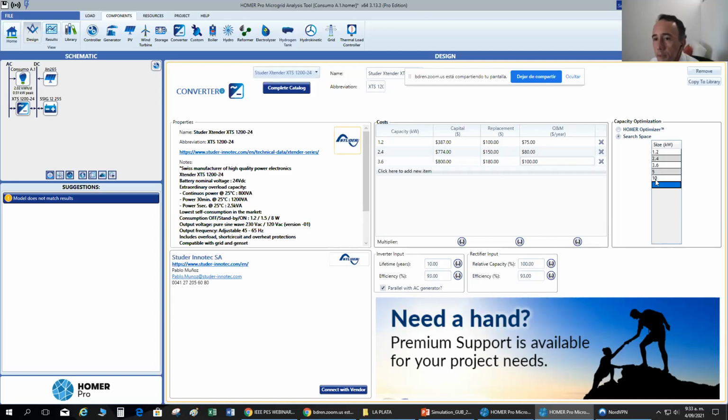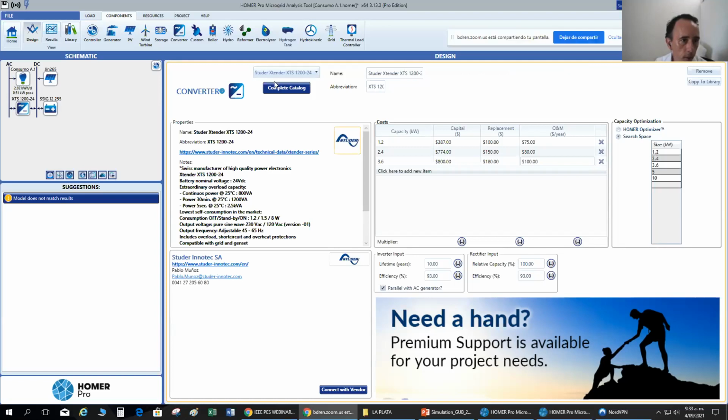Okay, in this way, it will create an iteration for 10 kilowatt, 5 kilowatt, 3.6, 2.4, 1.2. And between them, it's going to give us the results so we decide. But the first line, as I showed you before, would be the optimized one.